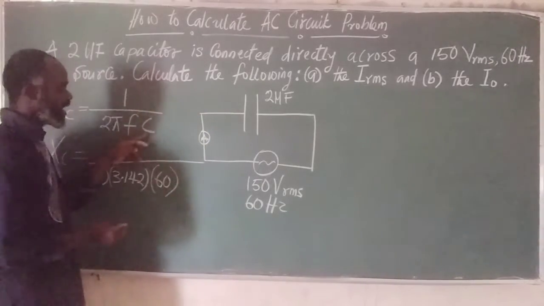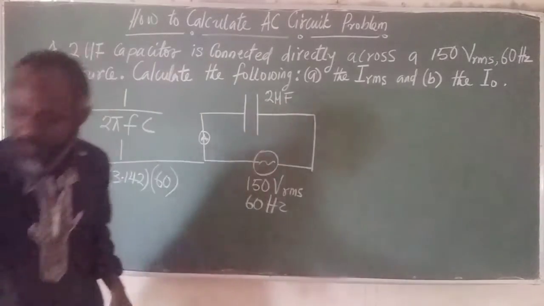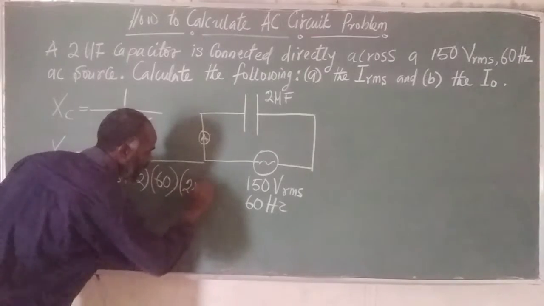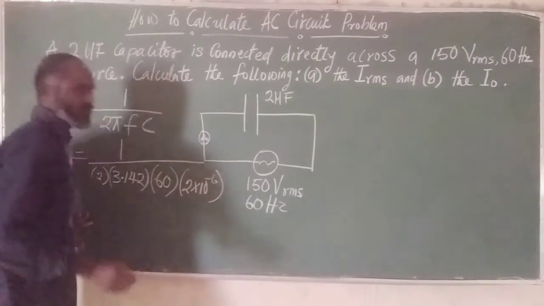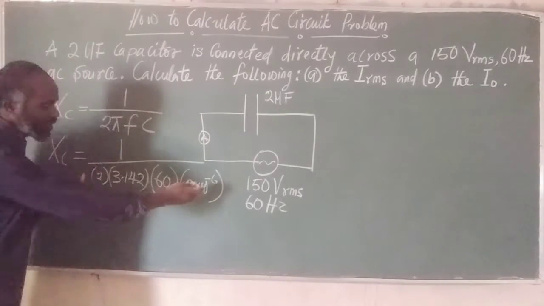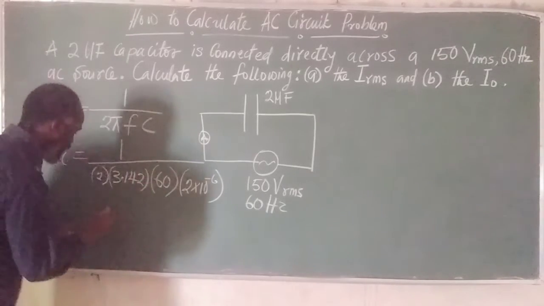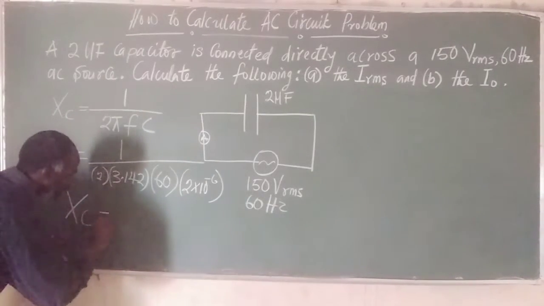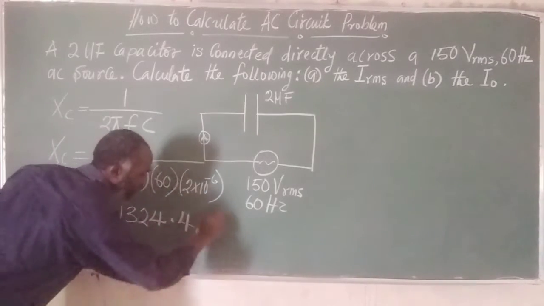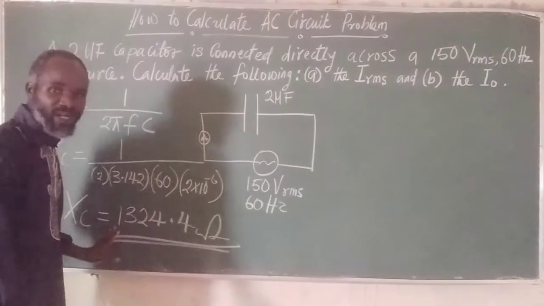Then the value of the capacitor is 2 microfarad, and this can be stated in the form 2 times 10 raised to the power minus 6. So by the time we calculate this and find the inverse, the capacitive reactance XC is going to be 1324.4 ohms. This is the value of the capacitive reactance.